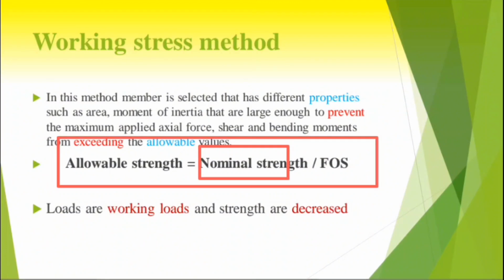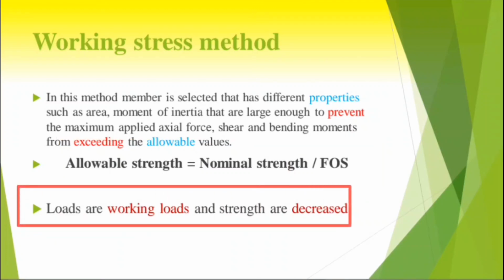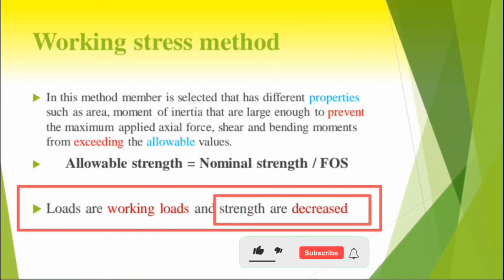Remember this. The main point of the working stress design method is that without applying a load factor, we are taking the working loads to calculate the required strength, and also by dividing the nominal strength by the factor of safety, we reduce the strength.